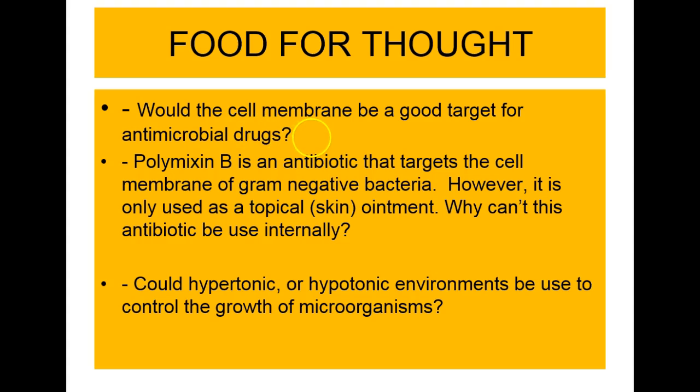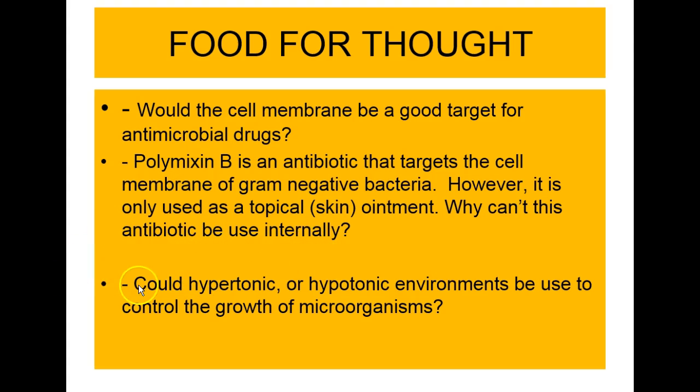Are cell walls unique to microorganisms? And are they essential to microorganisms? Polymyxin B is an antibiotic that targets the cell membrane of mostly gram-negative bacteria. However, it is only used as a topical skin ointment. Why can this antibiotic not be used internally?